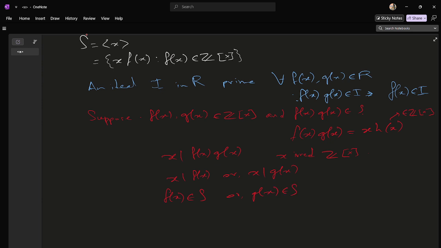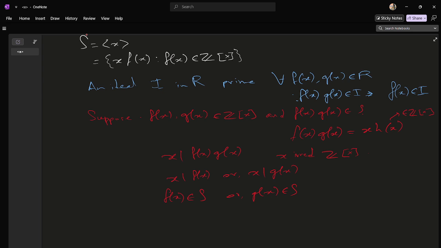Why? Because we know that the elements of S have x as a factor. When the polynomials are in S, they have x as a factor.